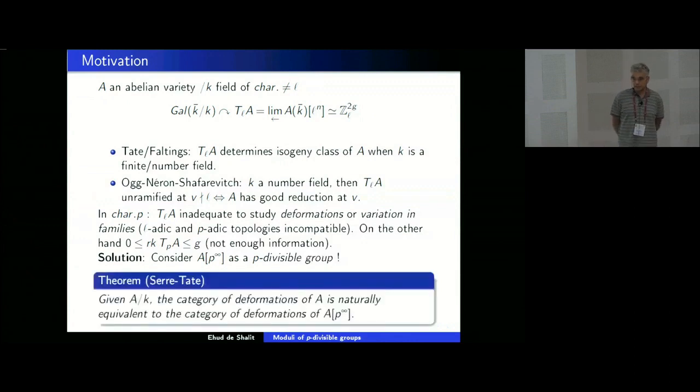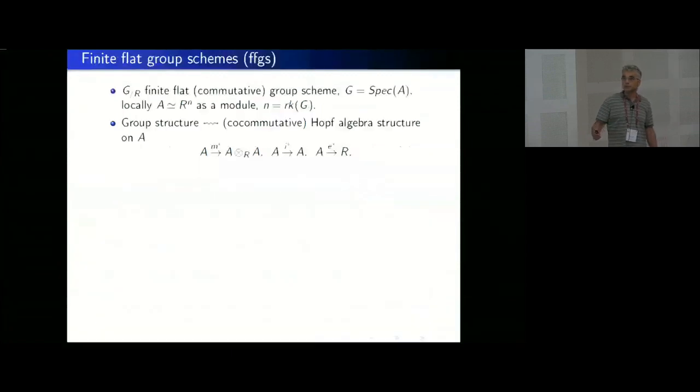And in fact, the famous theorem of Serre and Tate says that given an abelian variety over a field of characteristic p, the category of deformations of A is naturally equivalent to the category of deformations of the p-divisible group. So as far as deformation theory is concerned, you may study, instead of the deformations of A, the deformations of its p-divisible group. So this was only a motivation. And let us start from the very basic.